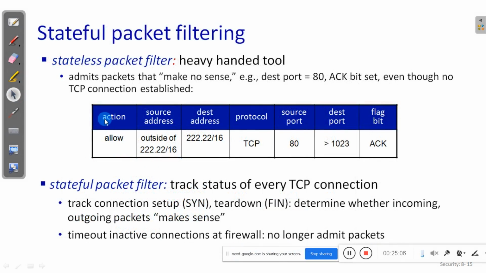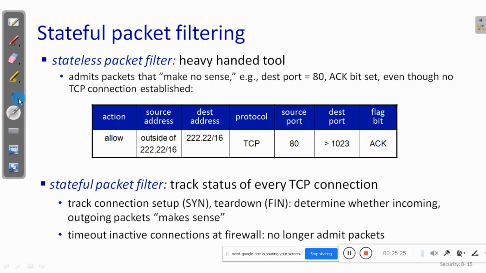Similarly, you can see here stateful packet filtering. Stateless packet filtering is a heavy-handed tool, as it admits packets that make no sense. For example, destination port 80 with the acknowledgement bit set even though no TCP connection is established. That's a disadvantage.